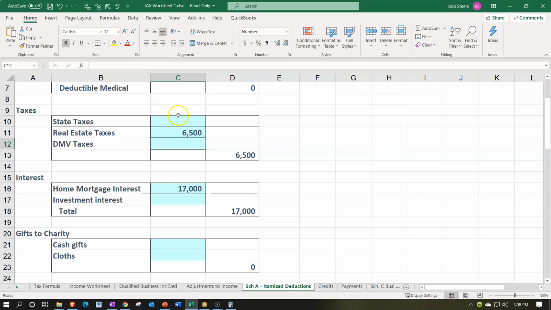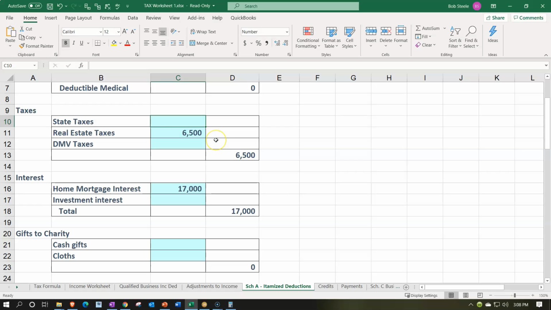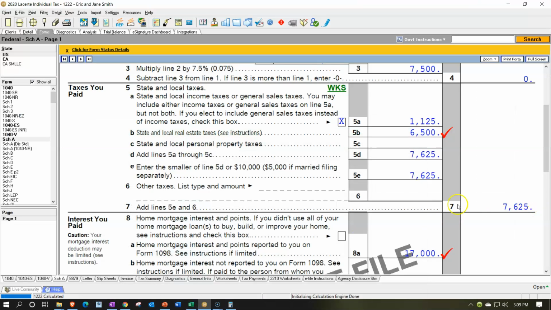And then if there's any DMV, now the state taxes, however, I'm going to be reliant on the tax software to calculate the state taxes if they're taking state income taxes. So I would pull that, usually the last thing, the 1,125, to get to the total taxes of the 7,625.